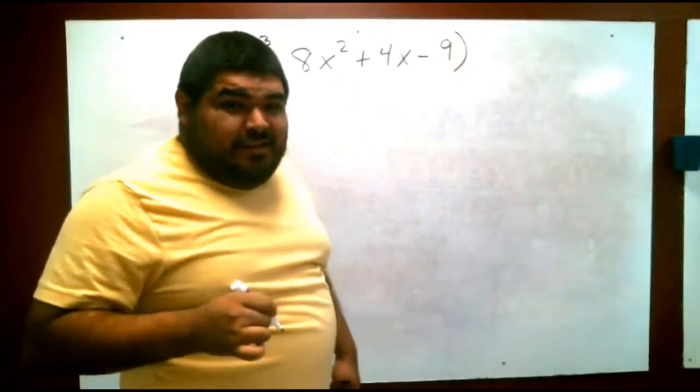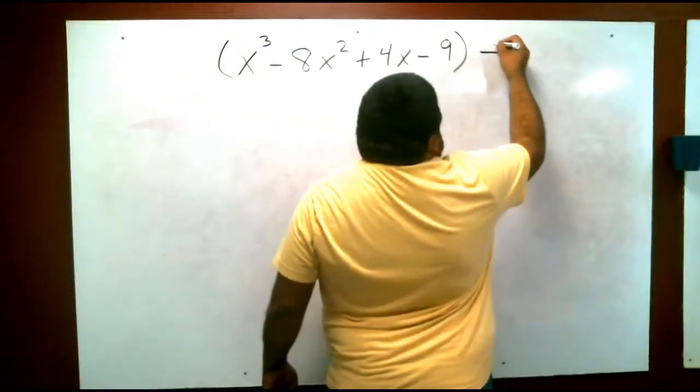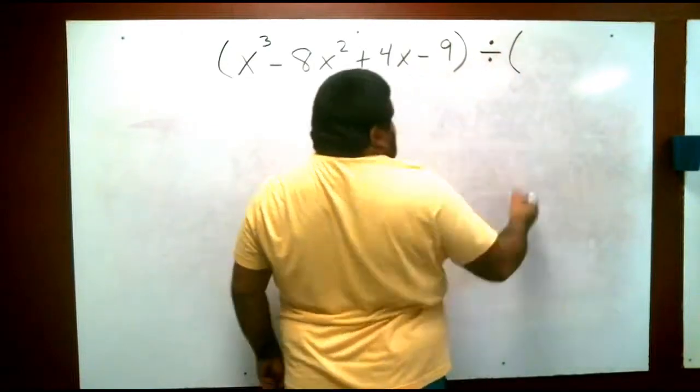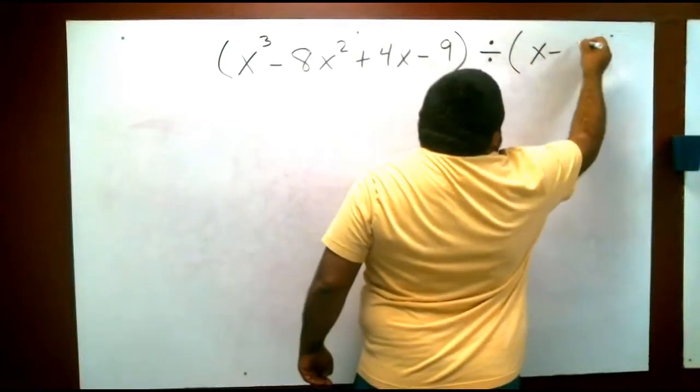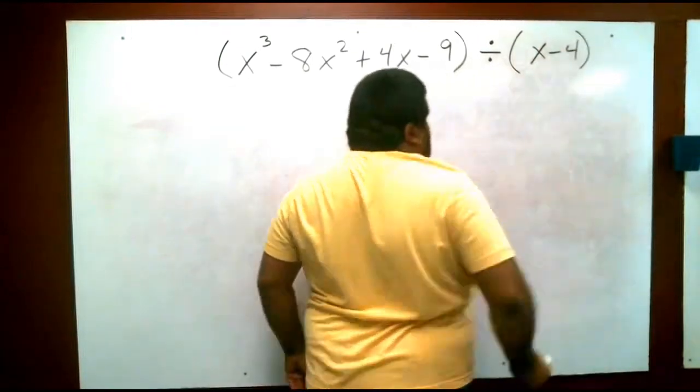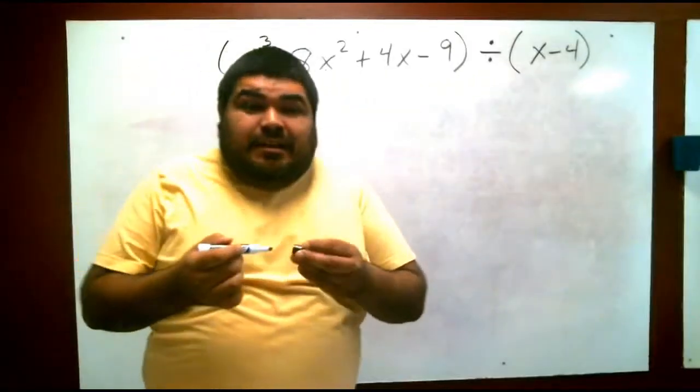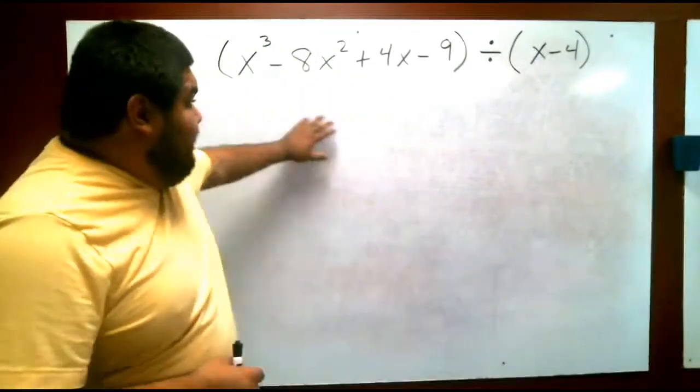It's been divided by x minus 4. Okay? Kind of looks complicated, I know, because there's a lot of x's.